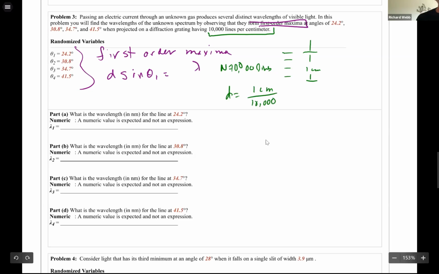So you have to get that number. If you don't have that number, of course, all is lost. But once you have that number, it's just that number times sine of the angle they gave you. And you do it 4 times. That's the difficulty. You have to do it 4 times.